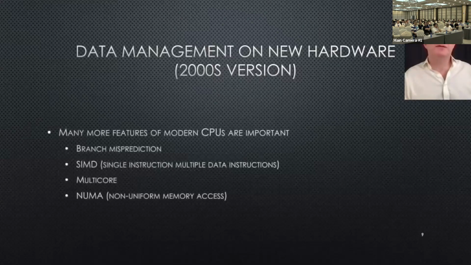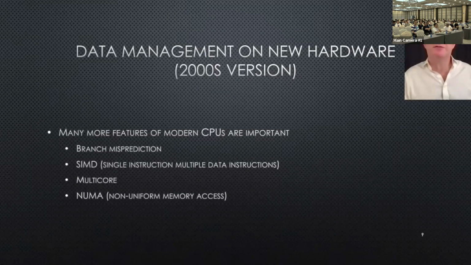In the 2000s, people saw that other features of modern CPUs also played a role. And I've listed a few here. One is branch misprediction, where processors have a pipeline, and as they bring in instructions, they have to have a sense of which way a branch is going to go in order to keep the pipeline full.